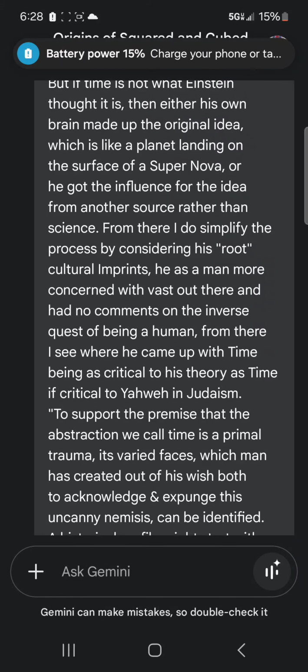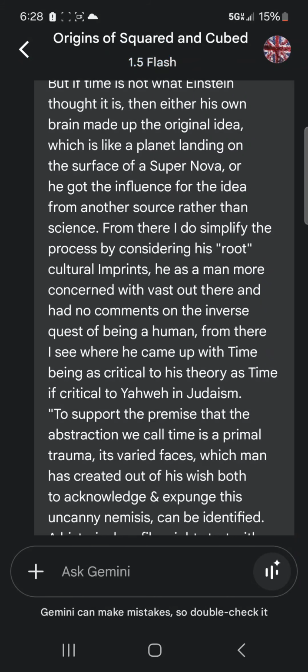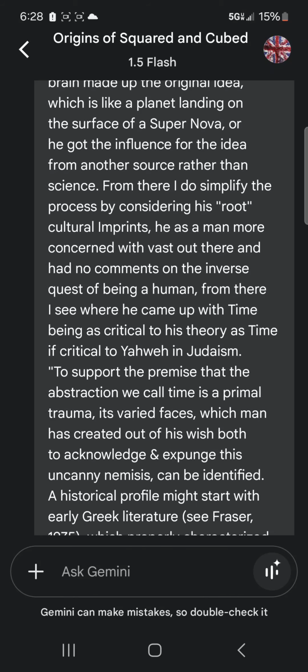He, as a man, was more concerned with the vast out there and had no comments on the inverse quest of being a human. From there, I see where he came up with time being as critical to his theory as time is critical to Yahweh in Judaism.